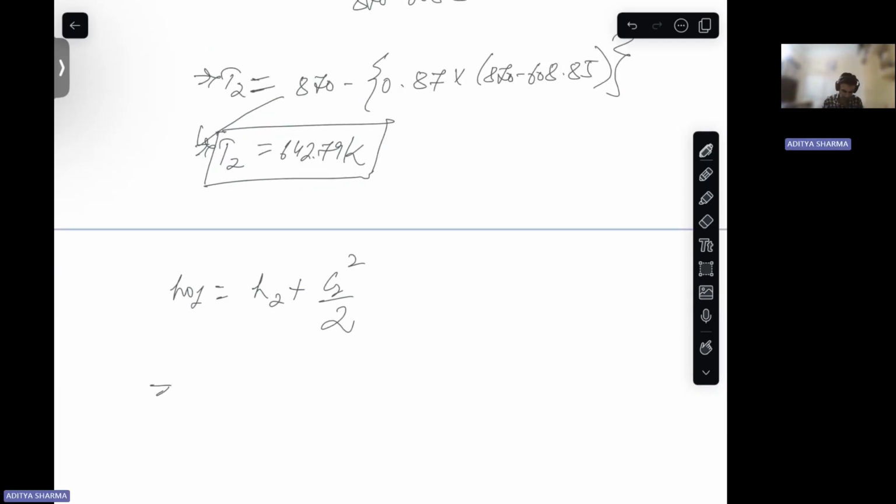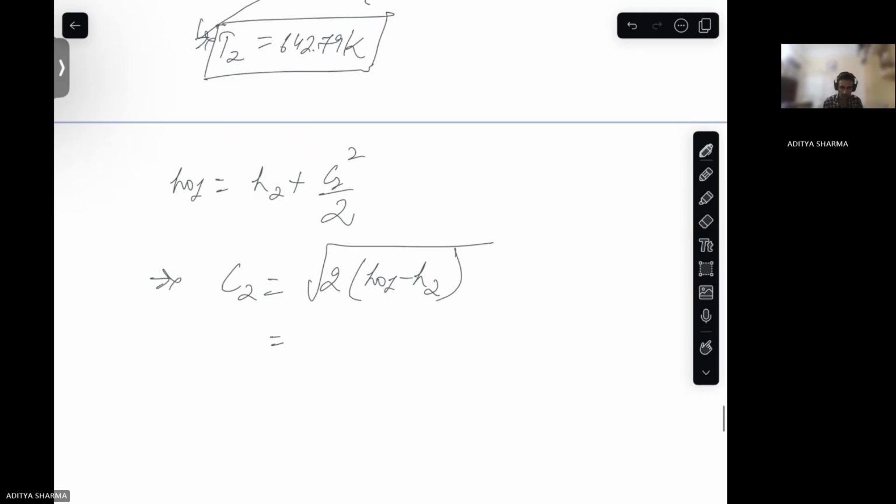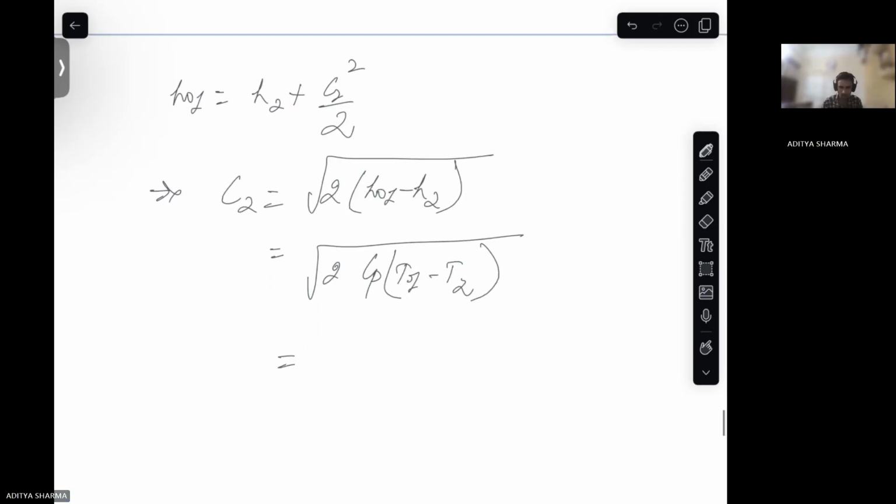Then your C2 is root of 2 times H01 minus H2, and this is root of 2 Cp into T01 minus T2. So this is 1147, this is 870 and this is 642.79.